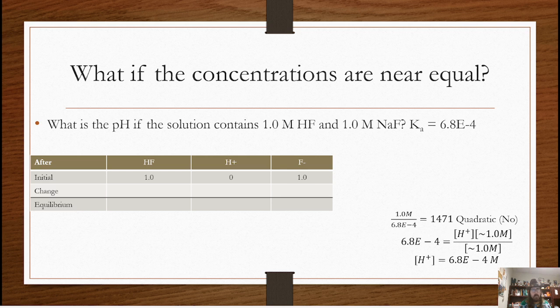It has slowly gone up by a factor of 10 each time, just about, as the amount of fluoride goes in. So we're looking at a situation that is far less acidic than the initial situation. Far less acidic because of the conjugate base being there.